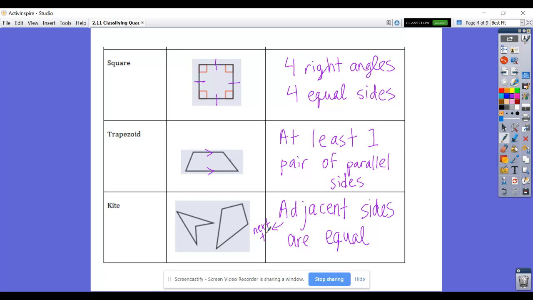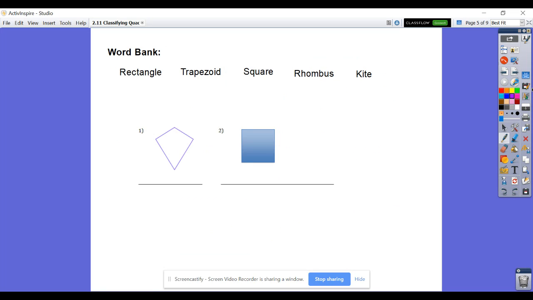When sides are next to each other, they are adjacent. So if we look at this picture, these two are equal, and these two are equal. We'll add our math notation to this one too. These two are equal, and these two are equal. Adjacent sides are equal. Okay, now we're going to apply some of this vocabulary as we answer a few problems.